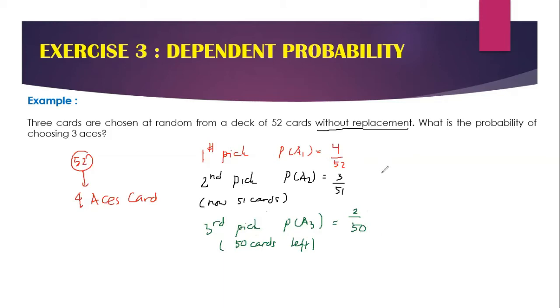The overall probability of ace 1, ace 2, and ace 3 equals the probability of ace 1 times the probability of ace 2 times the probability of ace 3. So overall, we have the answer 4 over 52 times 3 over 51 times 2 over 50.